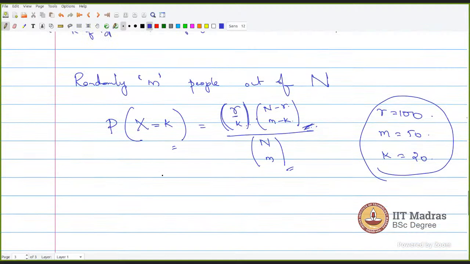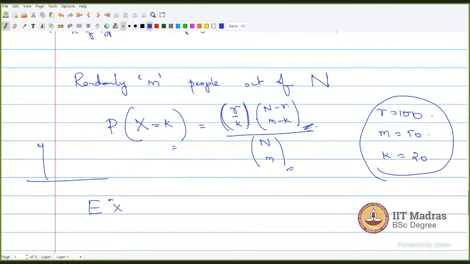You don't need to worry about what I said till now, but you need to worry about this thing. If my random variable follows hypergeometric distribution, I need to worry about the expected value of that distribution.